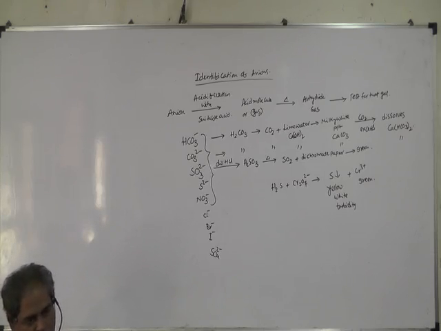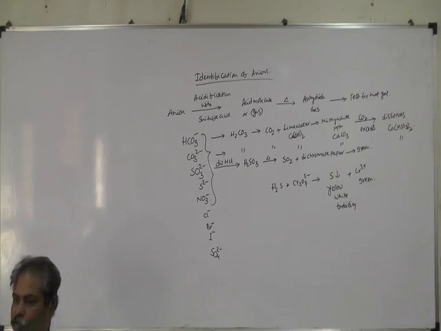FeCr2O4, what is that called? Chromite, good. It's a mixture of FeO and Cr2O3.